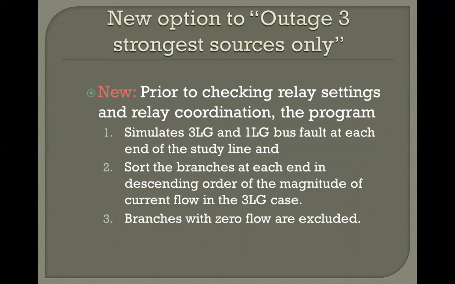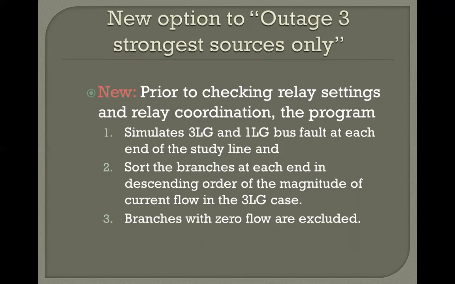And what it means is that prior to checking the relay settings and relay coordination, the program automatically simulates a 3-phase and a single line to ground fault for each end of the study line, and then sorts the branches at each end in descending order of the magnitude of the current flow in the 3-phase case. In other words, you want to put the strongest source first with the highest current first, and then the one that has the least amount of current flowing to that bus on the bottom.